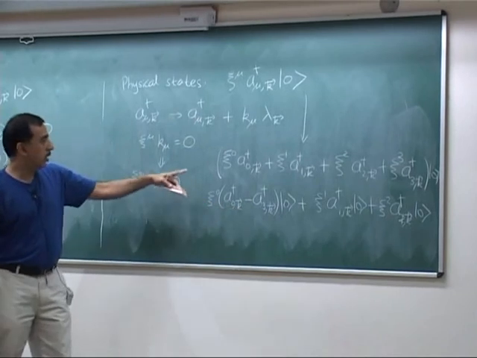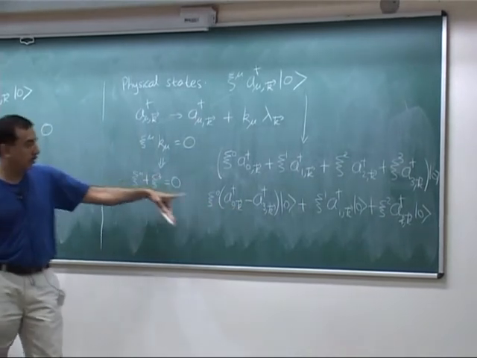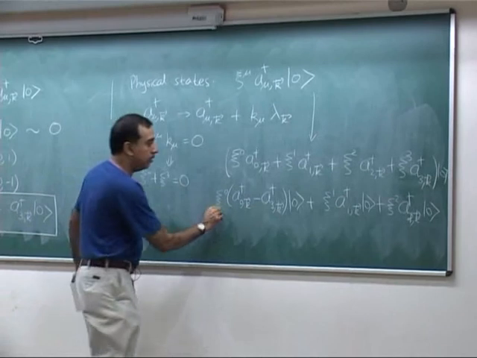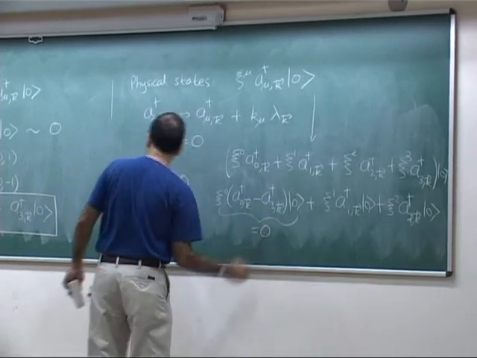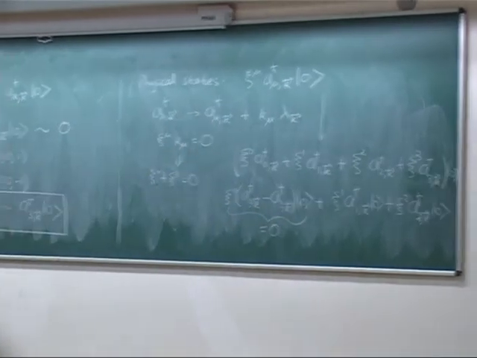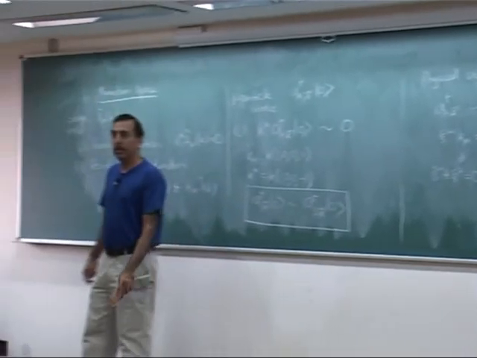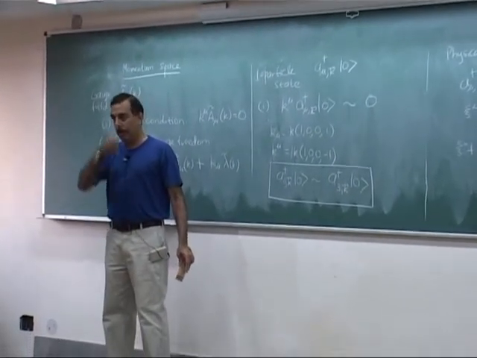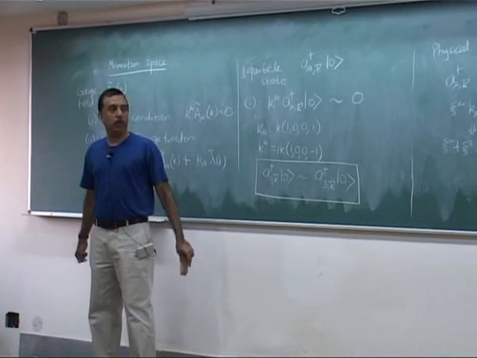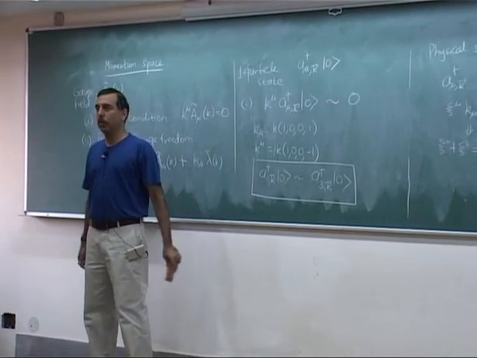So this came because I used psi 3 is minus psi 0. But this state is set to 0 by this condition. So at the end we see that we have only two polarizations proportional to the vector psi 1 and psi 2.